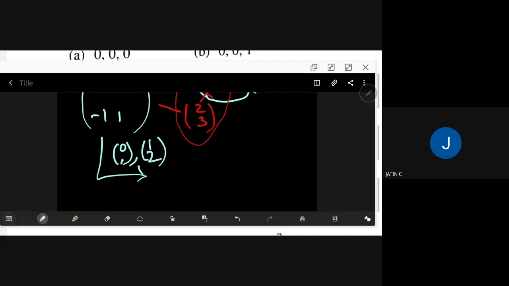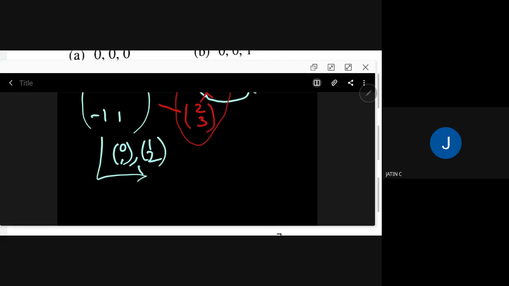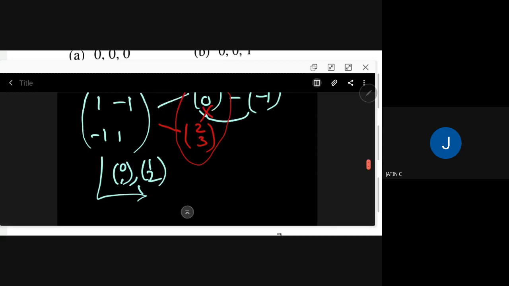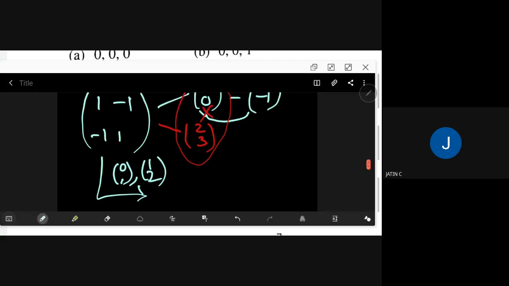It means if I multiply this matrix with 0, 1, what will I get? You have minus 1 here, 0, 1 for this 0, 1. Minus 1 here, then 1 here.